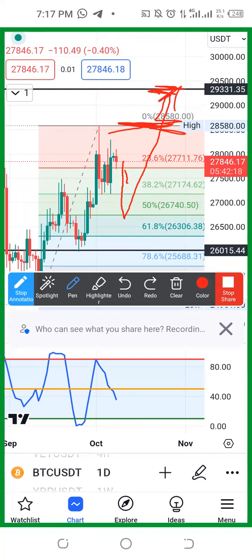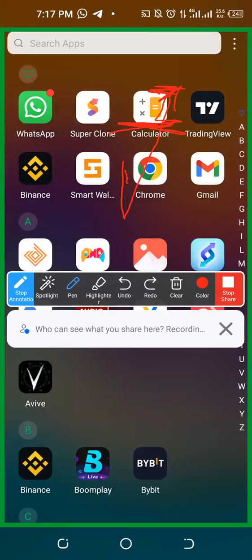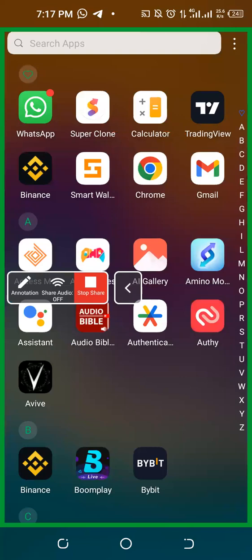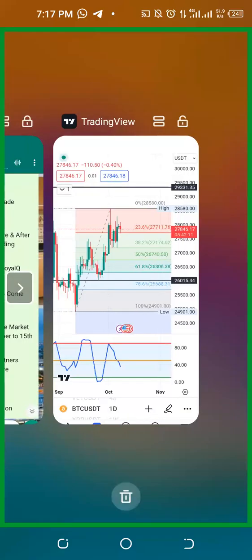So in the next few days, Bitcoin is going down. Probably before the weekend or next week Sunday, the market might become bullish. So let us be prepared for the movement of the market.